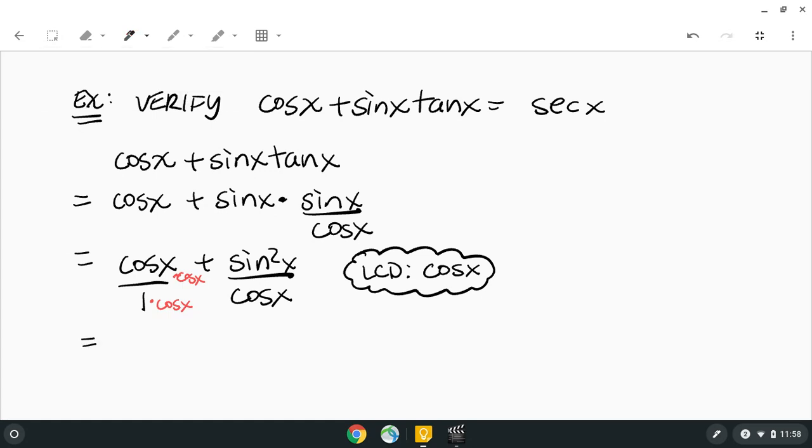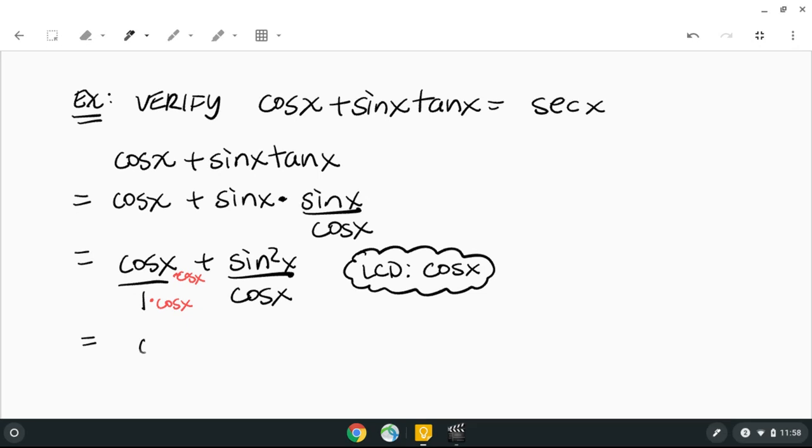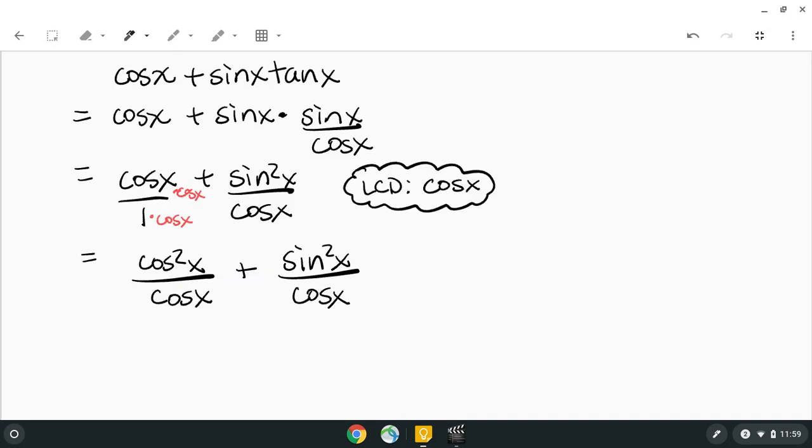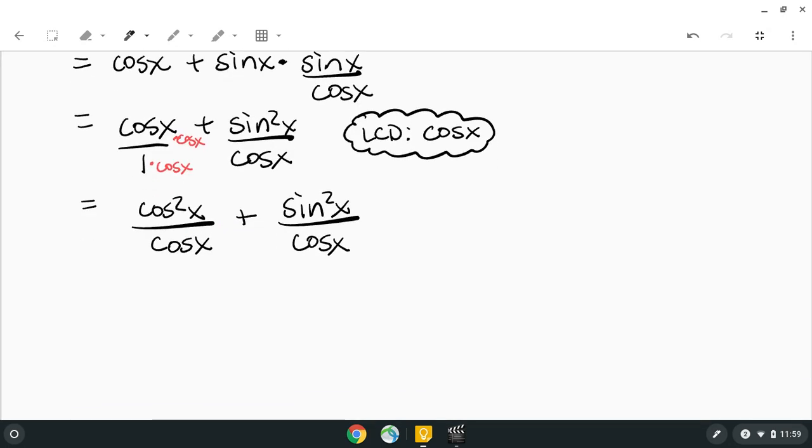That gives me cosine squared x over cosine x plus sine squared x over cosine x. Now that they have the same denominator, I can add these two fractions.